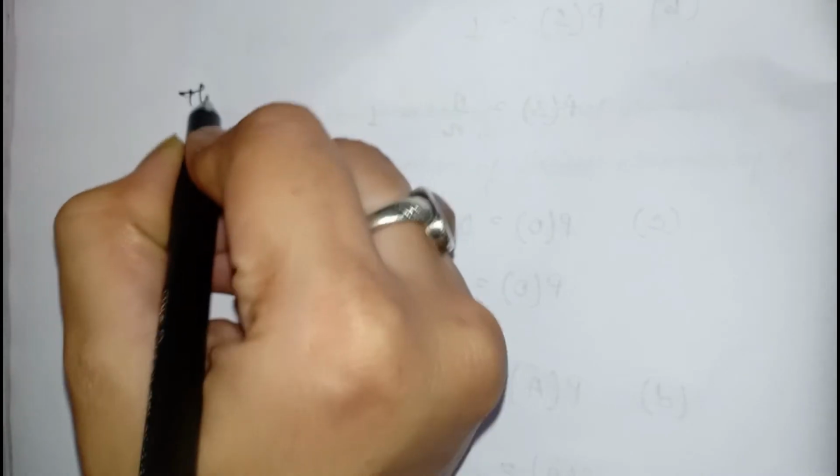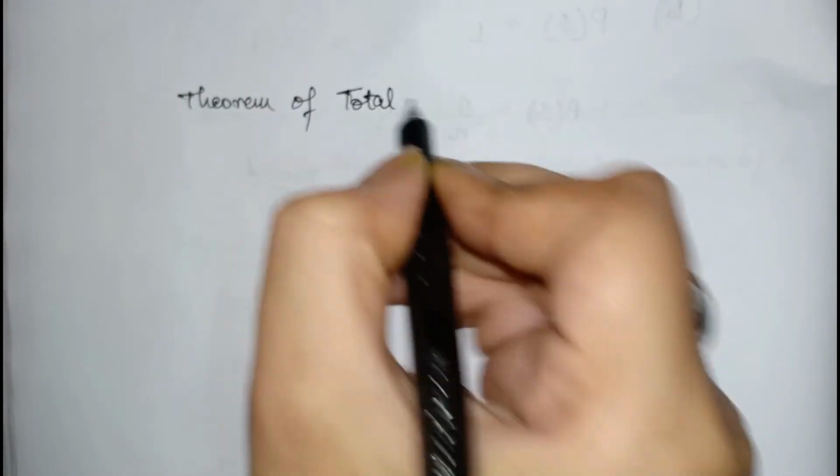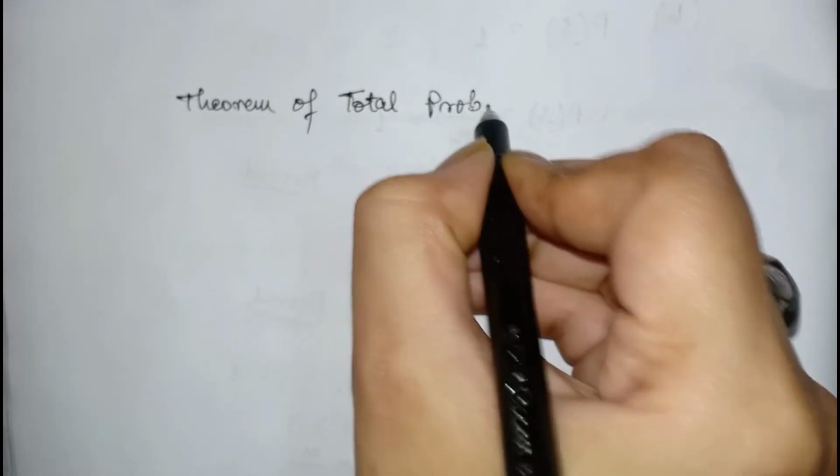Now we have the theorem of total probability.